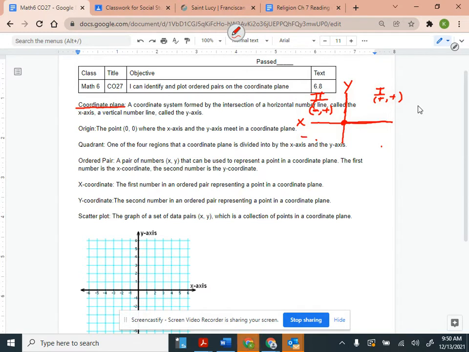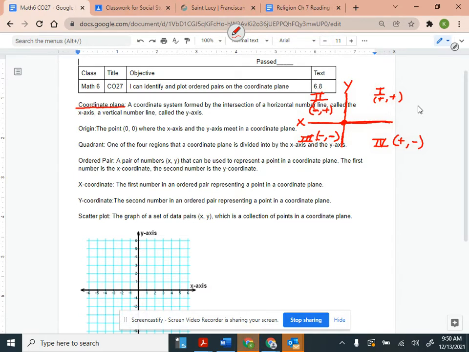In quadrant 3, the x's are going to the left, so they're negative, and our y's are going down, so they are negative. So we have a negative x and a negative y. And in quadrant 4, our x's are going to the right, so they are positive, but our y's are going down, so the y's are negative. So that's how our quadrants look.